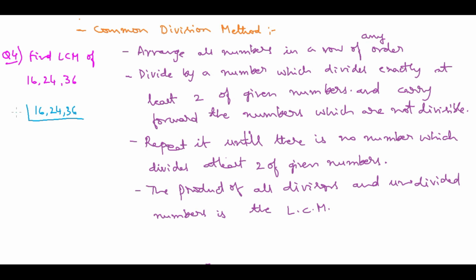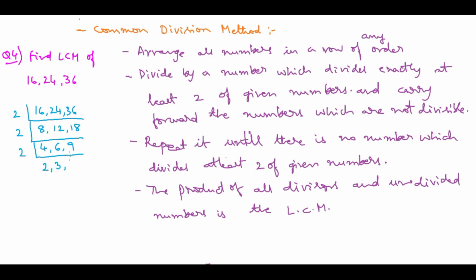First I select the first prime number, 2, and it divides all three. So we get 8, 12, 18. Now let's go ahead with 2 only: 4, 6, 9. We can go ahead with 2 again, because out of the three, two numbers are divisible by 2.